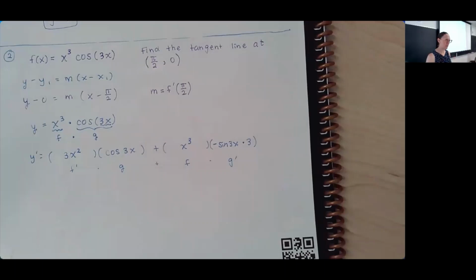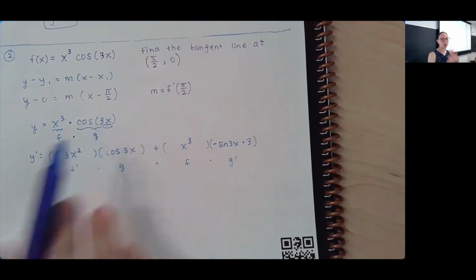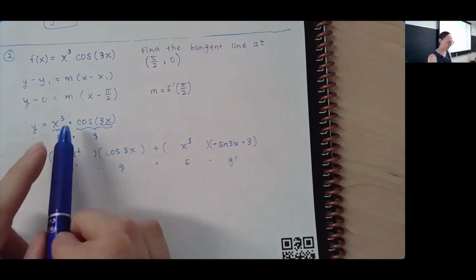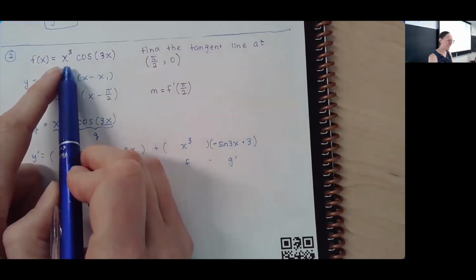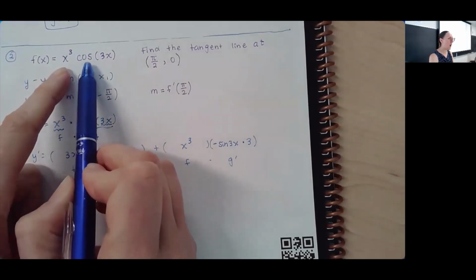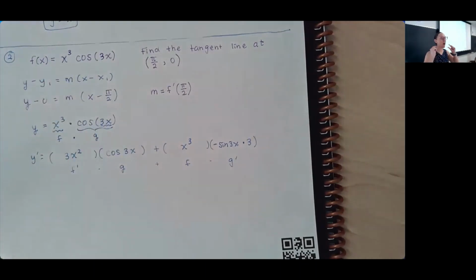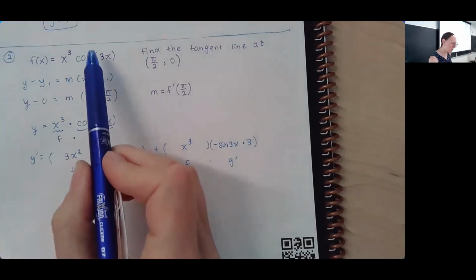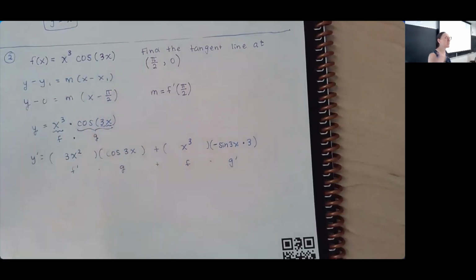Now, one of the real subtleties to this problem, and I'm going to read our overall function one more time. This says x cubed times cosine of 3x. And the reason that I'm reading that as an "of" is it's easy for our brains to see those parentheses and think that this is cosine times 3x. But a trig function always needs an angle. It always has to have an argument.